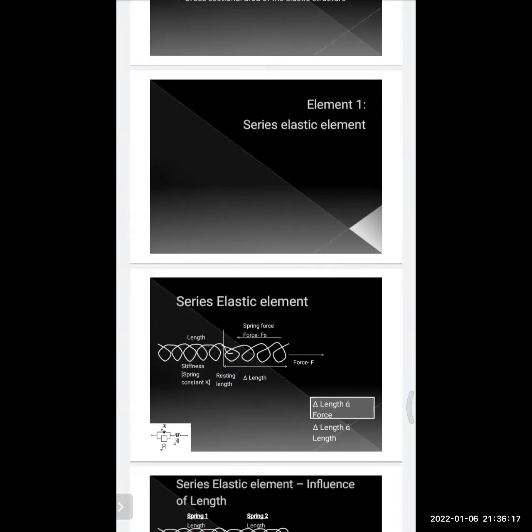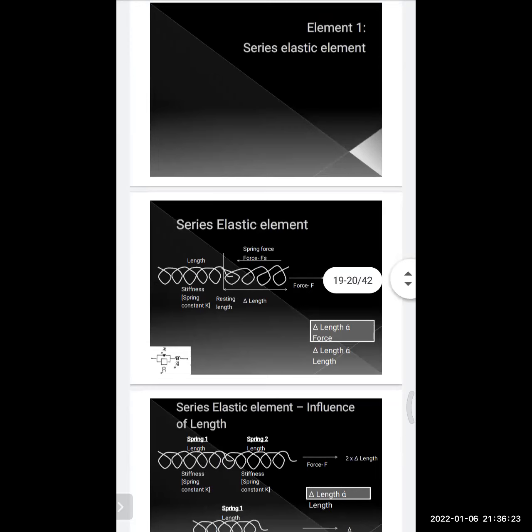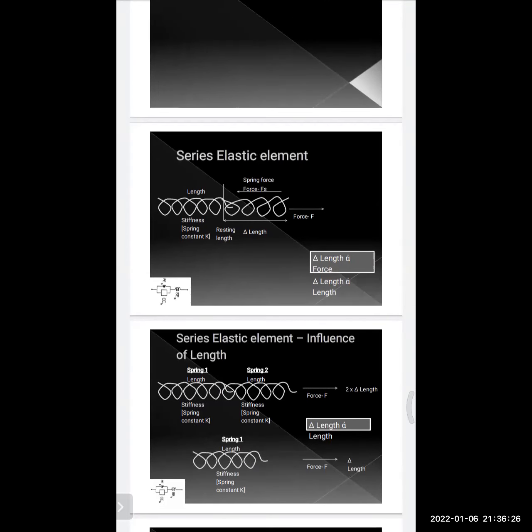All right. So we talked about a series elastic element and a parallel elastic element. The series element is the tendon. Clear? So this is how the force is generated when you have a spring and you pull the spring longer: the force generated by the spring will be more in the opposite direction.